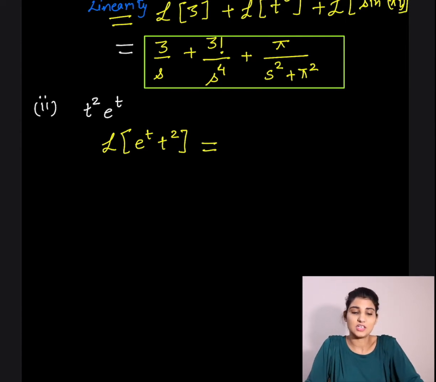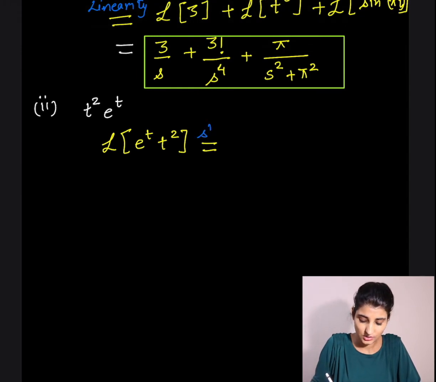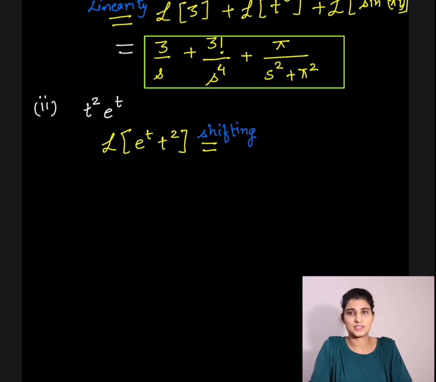And if you see your properties carefully, you can directly write down the answer. So here we are going to use the first shifting property, or we call it simply the shifting property. Shifting property says if we have Laplace of e power at f of t, then it is Laplace of f shifted by negative a.